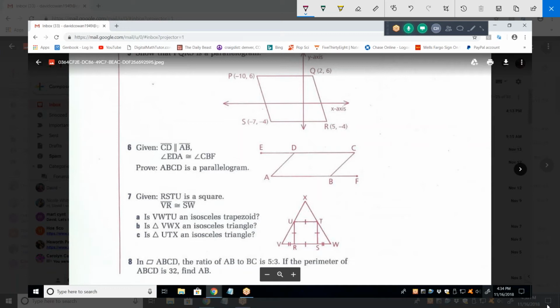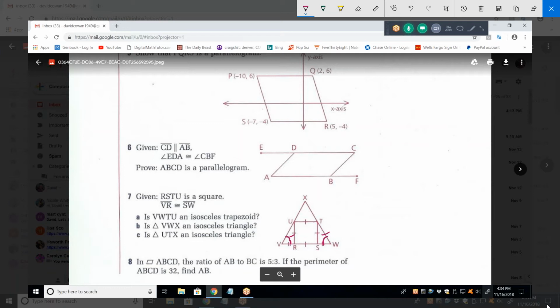We don't know that TX is equal to XU. Here's why. When you said these two triangles were congruent, that means that angle is equal to this angle. And those are the two base angles of the big triangle.